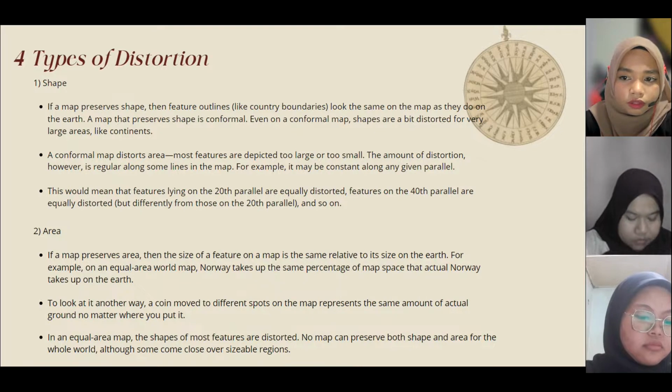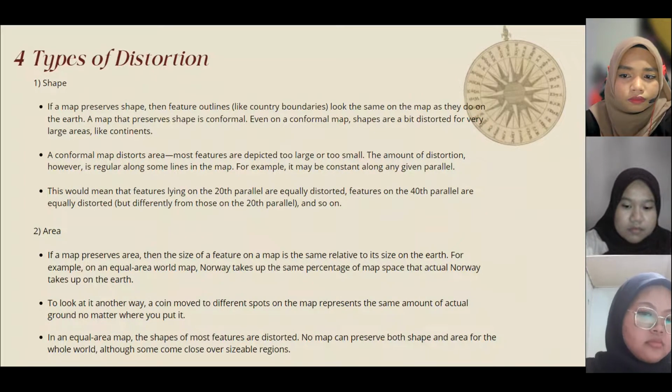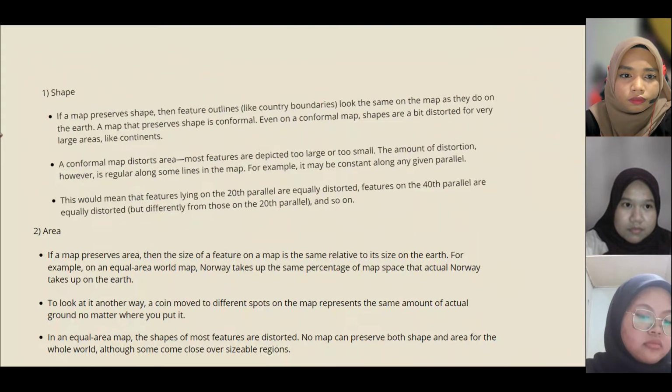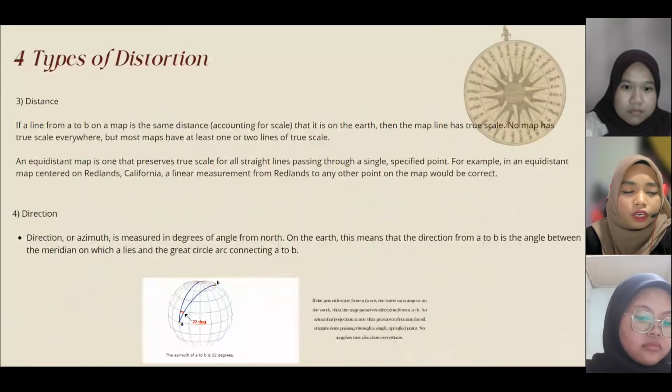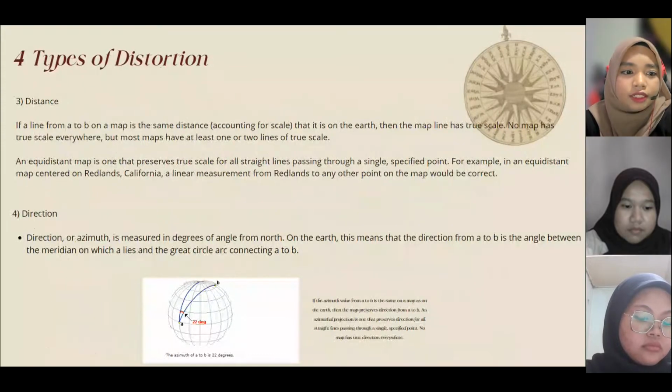Next. Okay, three, distance. If a line from A to B on a map is the same distance as it is on the Earth, then the map line has true scale.